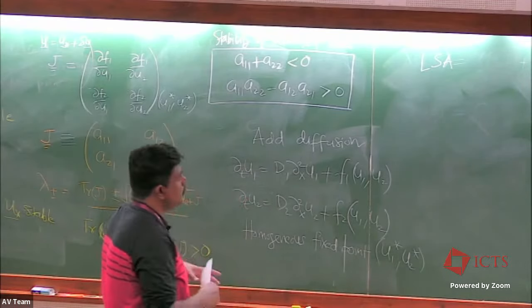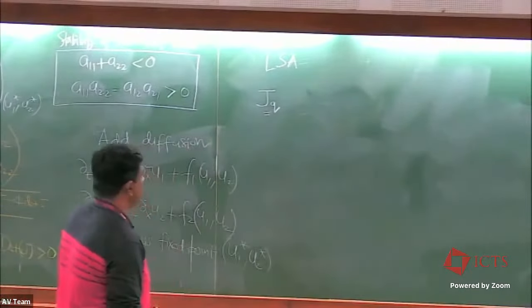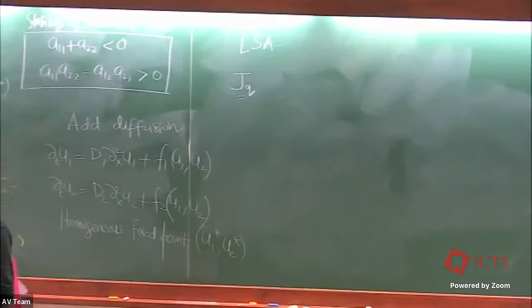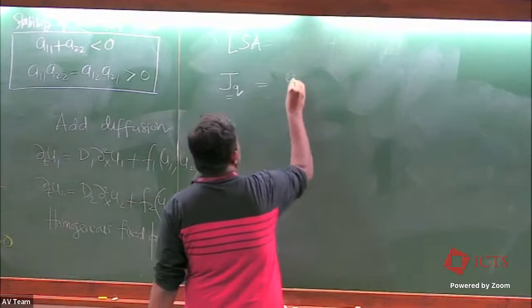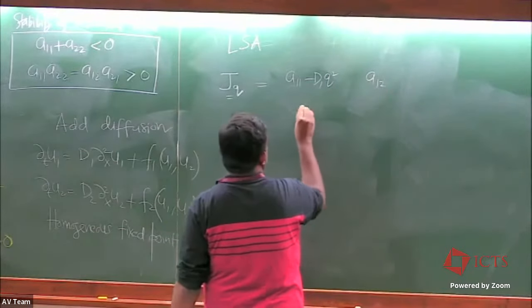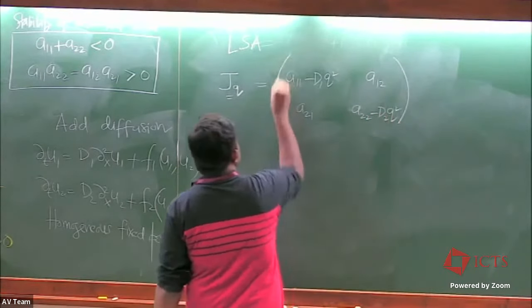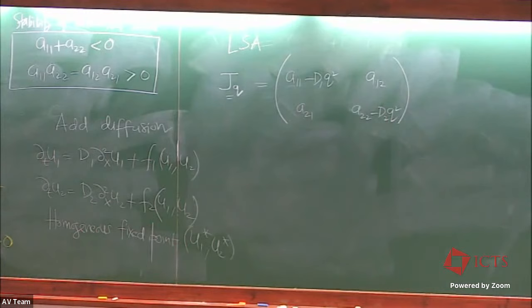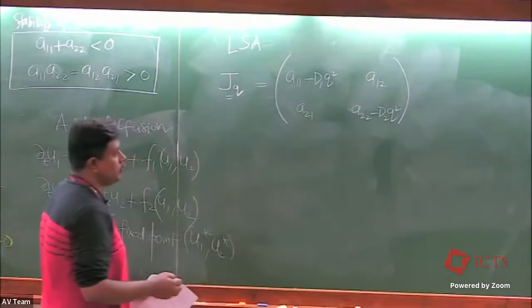Again, you'll land up with a Jacobian matrix, but this time the Jacobian matrix will be a function of Q. Can you stare at this and the diffusion equation and tell me what the matrix should look like? The only change will be in the diagonal terms. Agree? Remember, this is now a function of Q.